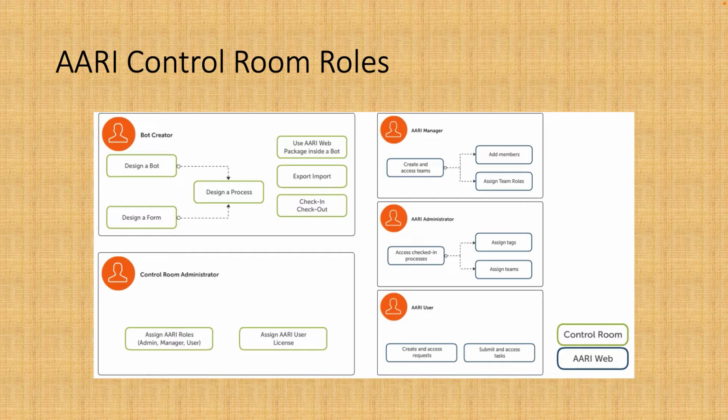There are specific roles within a team like member, owner, admin. He can also assign those to the user. And then we have the RE admin. This is the person who would link the checked-in process to the team, can also assign tags, can also specify if the process would be triggered by a user or bot, and can also add a global scheduler user.